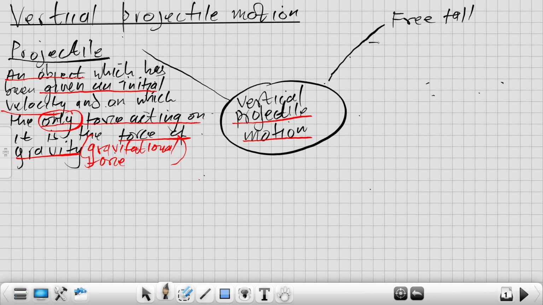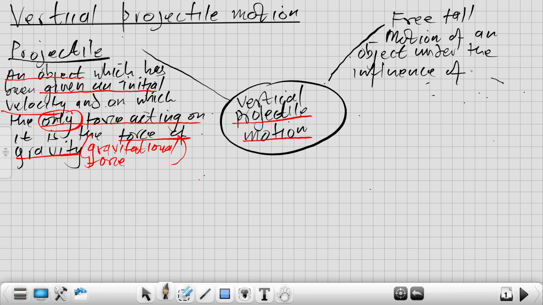They are saying here it is a motion of an object under the influence of gravitational force only. Gravitational force only.